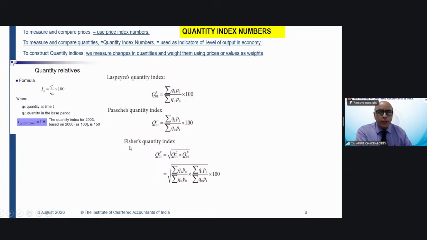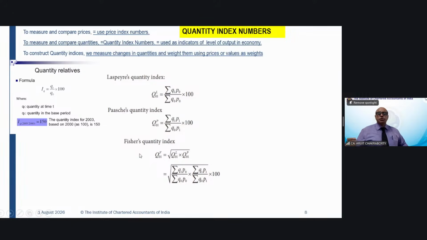For the purchase index, the weight is taken from the current year, so we have P1 both in the numerator and the denominator.